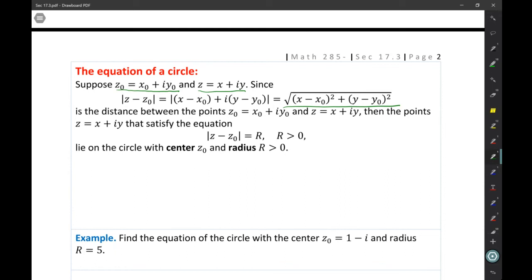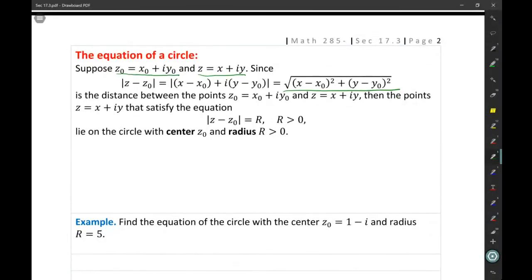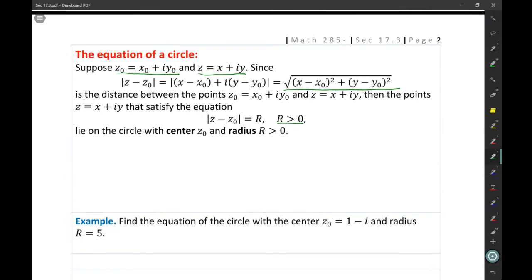Now, the equation modulus z minus z naught is equal r, where r is greater than 0. This lies on the circle with center z naught and radius what? R. How?